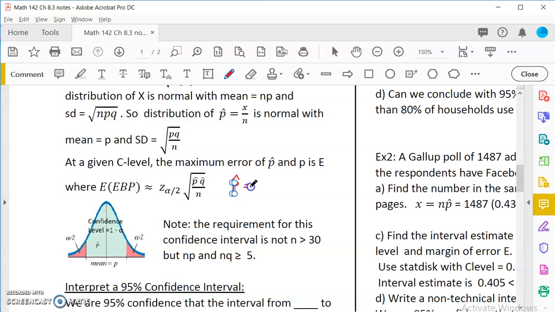P hat is X over N in the sample, and Q hat is 1 minus P hat. So it's the success percentage and the failure percentage in the sample.